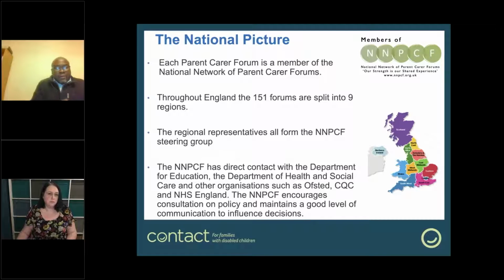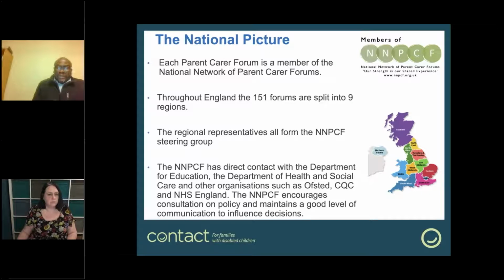So the forum, even though it is a singular thing within your city or your rural county, is also part of a bigger picture. It is part of the regional picture, part of the national picture, and everyone's voice is as important. This also shows that we have the support network there.